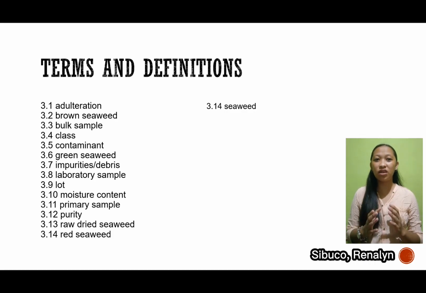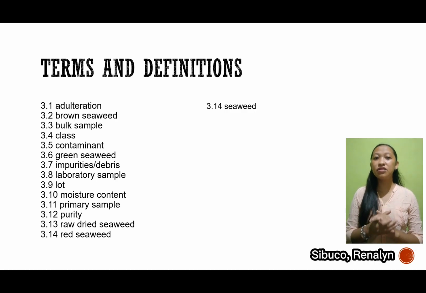For brown seaweed, it is light or dark brown in color, characterized by the presence of chlorophylls and fucoxanthin. For bulk sample, combination or mixture of primary samples taken with a sample device.